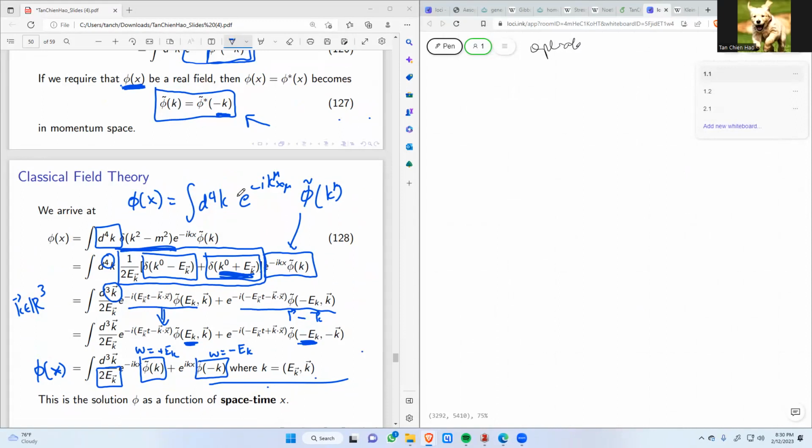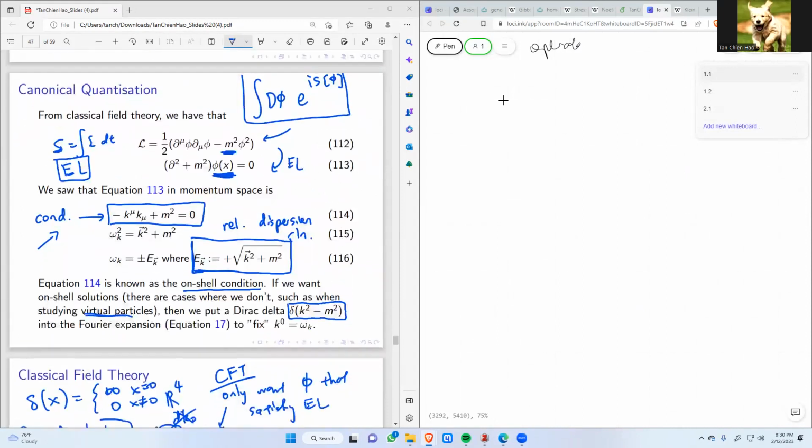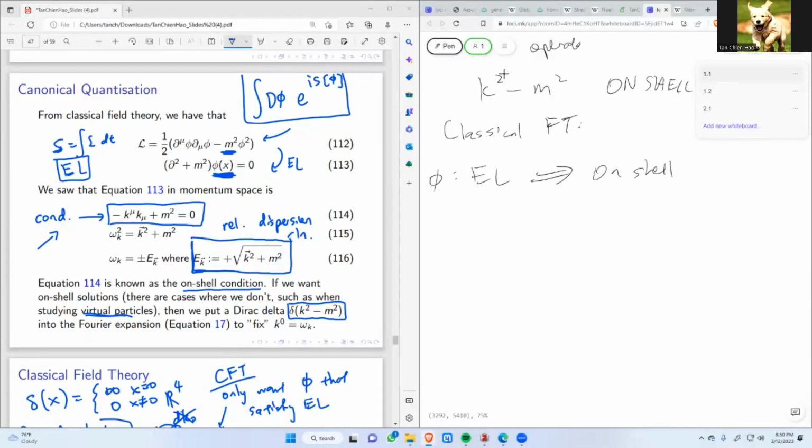Okay, to summarize what we have talked about so far: we talked about the on-shell condition, k squared minus m squared. Fields in classical field theory that satisfy the Euler-Lagrange equation must satisfy the on-shell condition.